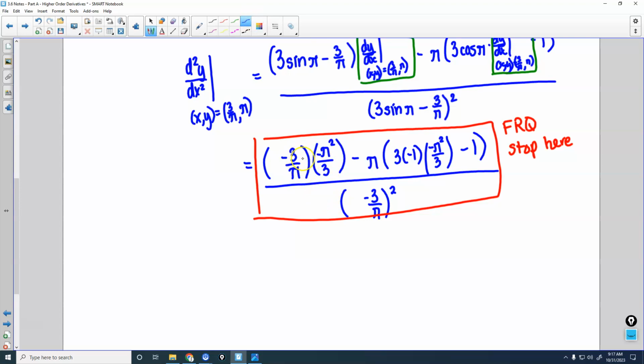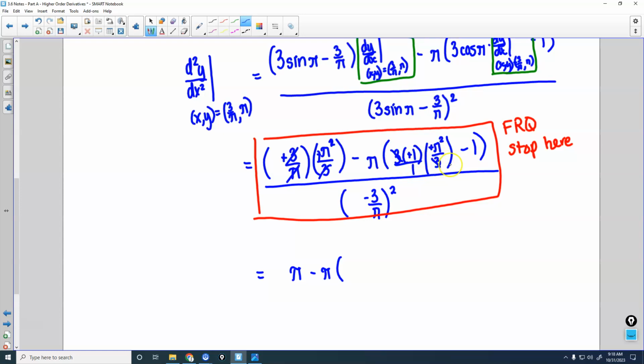Here, you got a negative times a negative, so that's going to become positive. A 3 can cancel with that 3. Pi can cancel with one of these pi's, so you just get a pi right there. And then here, this stuff's like over 1, so you got a negative and a negative, that's going to make it positive.